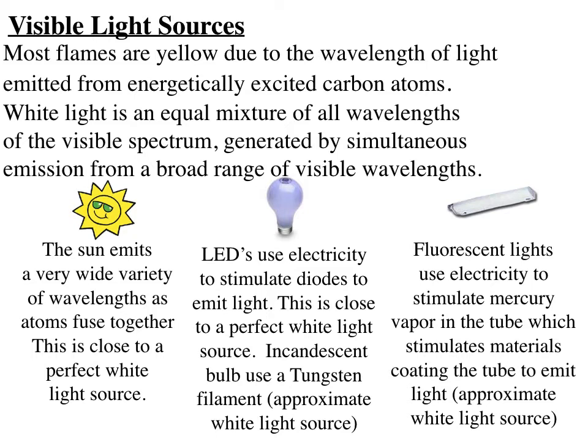But the fluorescent is not nearly as clean a white light source as LEDs, and not even as clean a white light source as incandescence. I think we're all familiar with the fact that fluorescent lights make you look a little pallid. They don't make you look nice and bright and pop when you're in the fluorescent light.